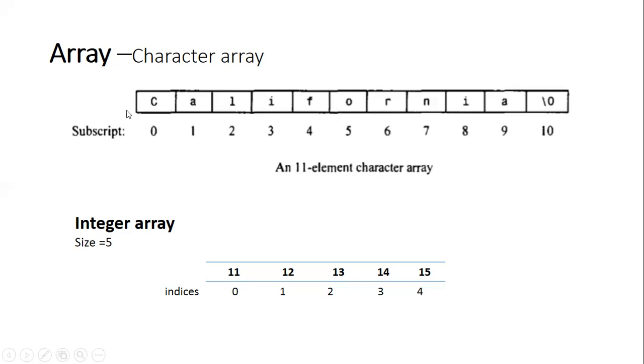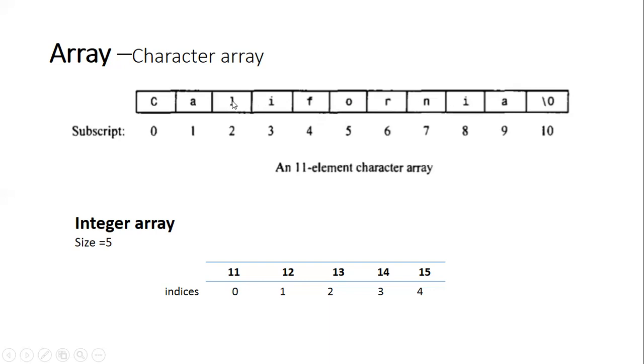This is the conceptual diagram of the array, where the array represents 11 elements in a character array. You can observe California; this is how the word has been represented: C-A-L-I-F-O-R-N-I-A. These are the 11 characters stored in a single variable.